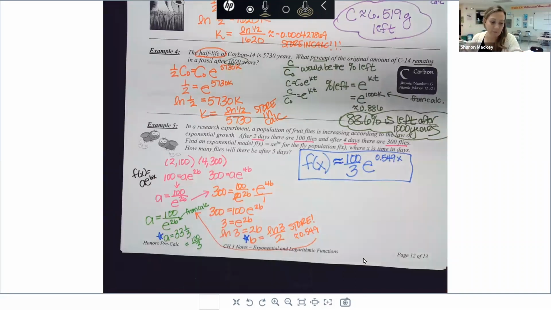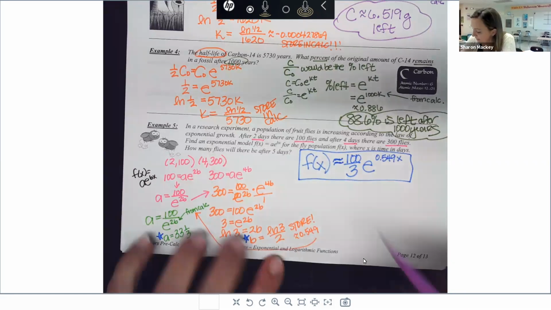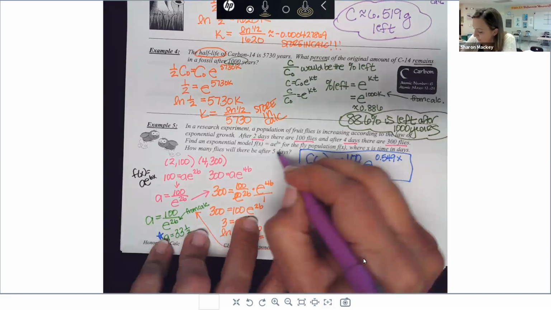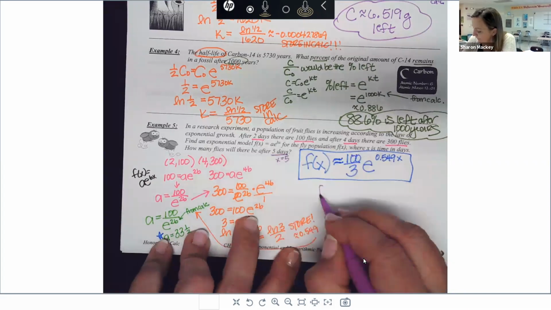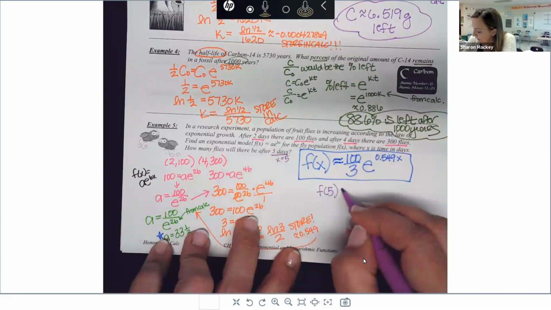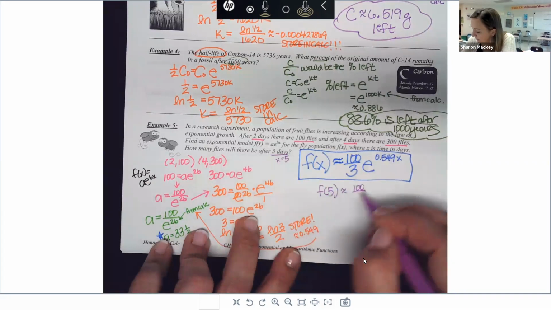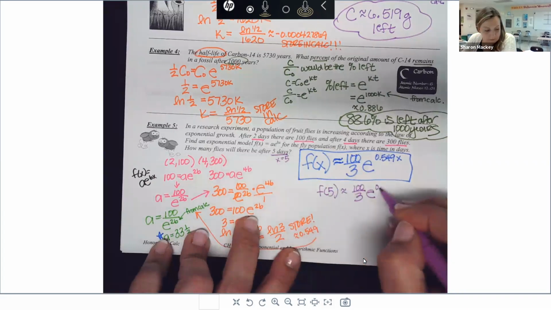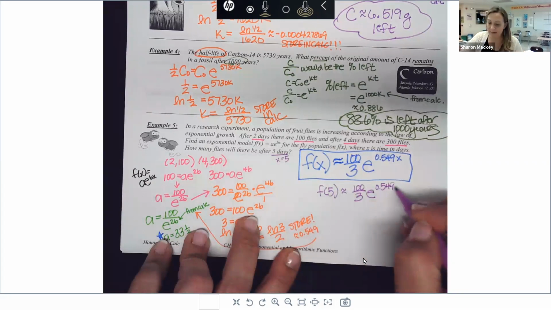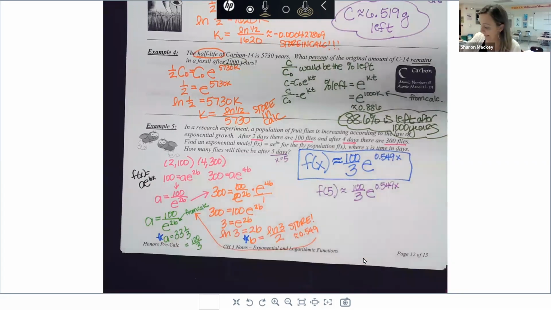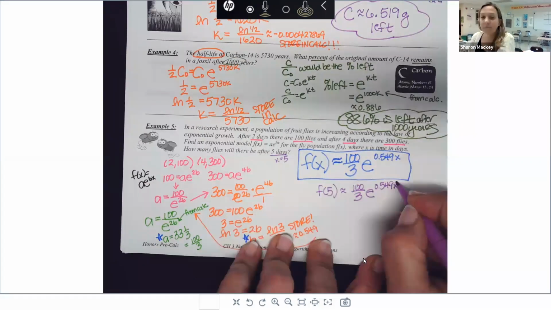So then the last thing they want to know is how many flies will there be after 5 days? So after 5 days just means that your x is 5. So we're just going to find f of 5. All right, so I might even use the value that's in the calculator still. And oh, maybe I should put the 5 in, sorry.